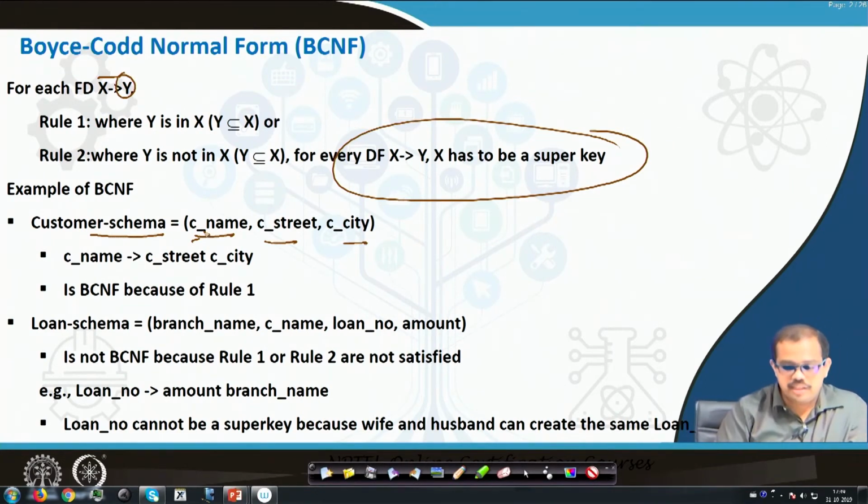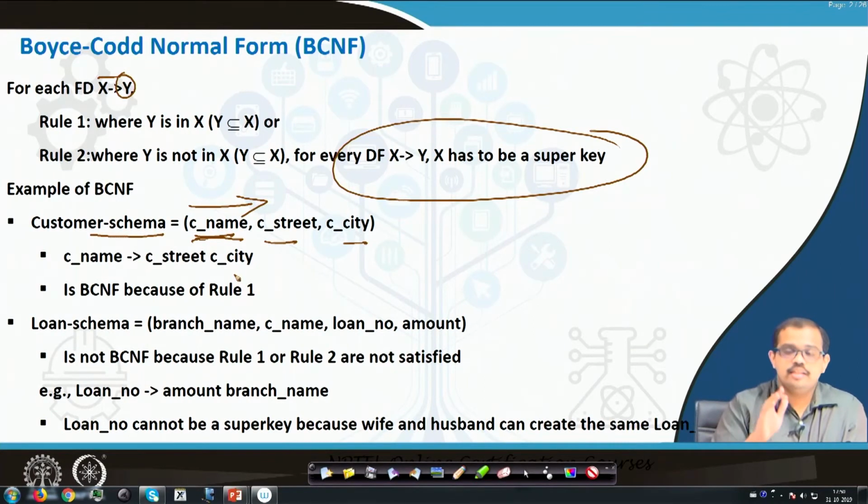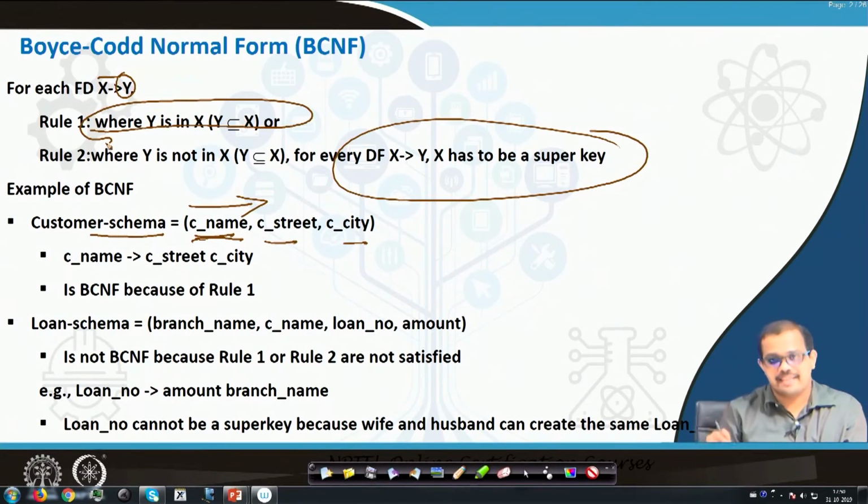Now, as per this protocol, customer name is dependent on customer street and city, which is not in the BCNF because it does not satisfy rule number 1, which means y is not a subset of x. Customer name is not a subset of x.